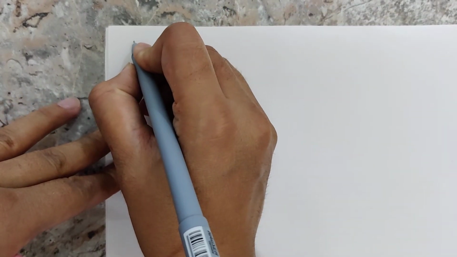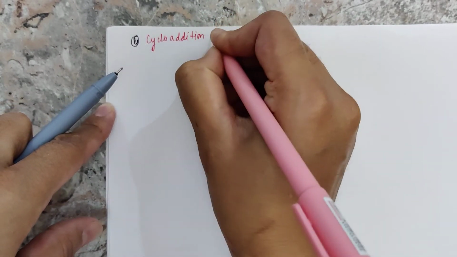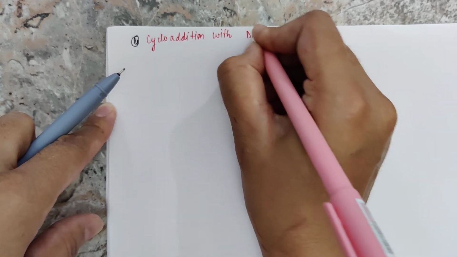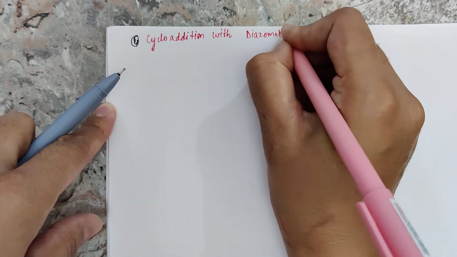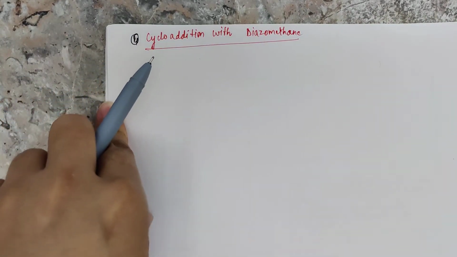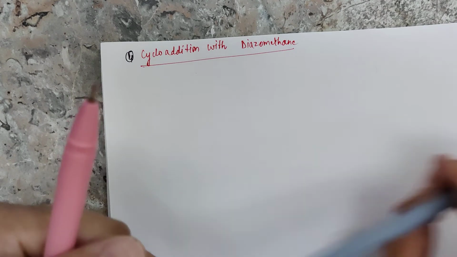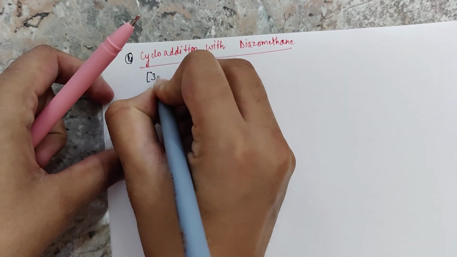अगर हम फोर्थ रिएक्शन की बात करें, तो इट इज साइक्लो एडिशन विद डायजोमीथेन. साइक्लो एडिशन विद डायजोमीथेन, इसमें क्या है, डायजोमीथेन विल अंडरगो 3+2 dipolar cyclo addition.